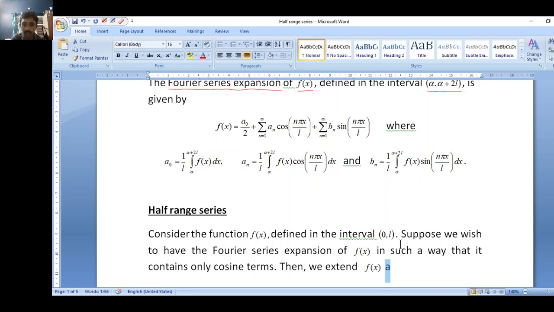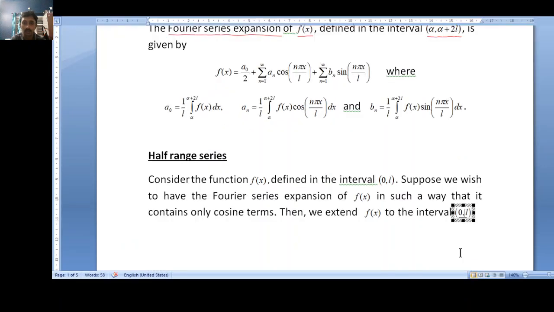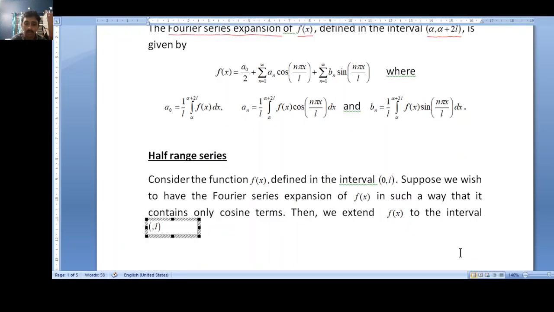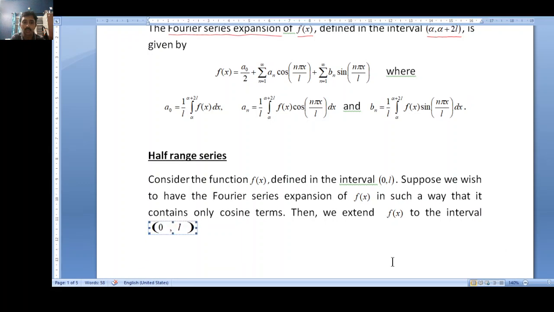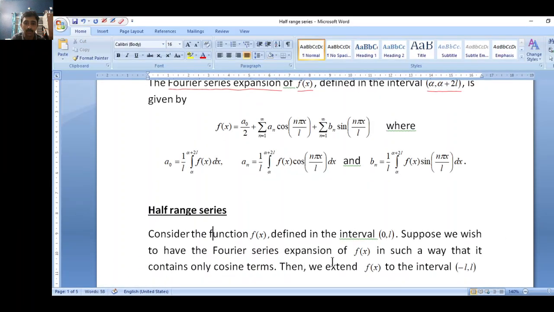It is actually, as you can see, defined in the interval 0 comma l, but we extend it to the interval minus l comma l.